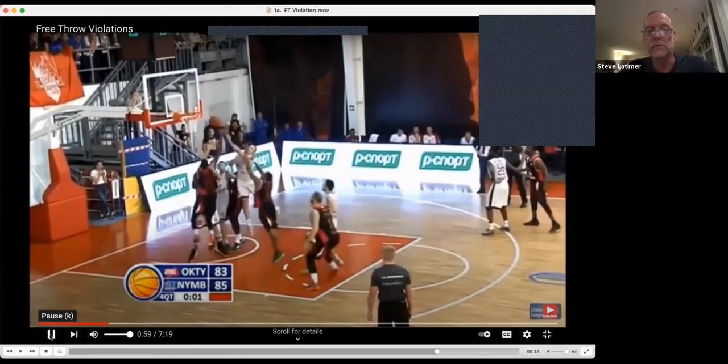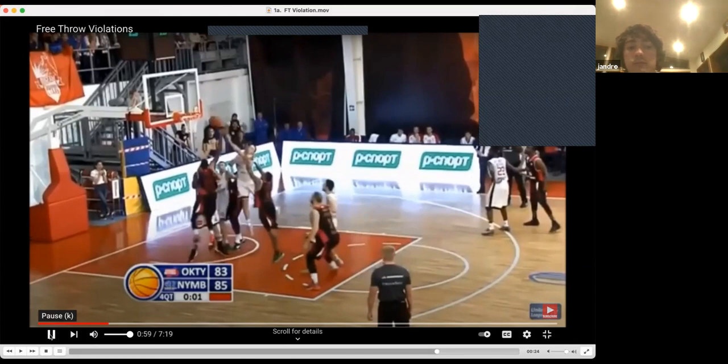Well, so 23 white violated first, right? And then the free throw shooter wearing black violated second, right? And one of the violations was outside the lane line, the other one was inside the lane line. Simultaneous. Yep.